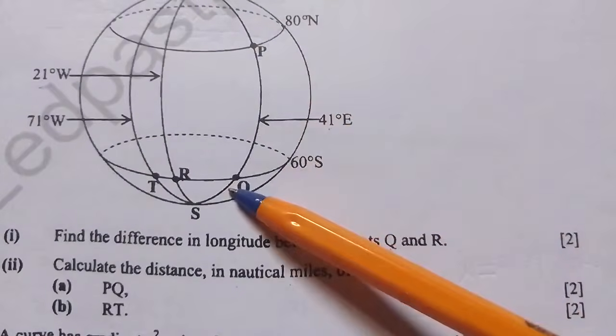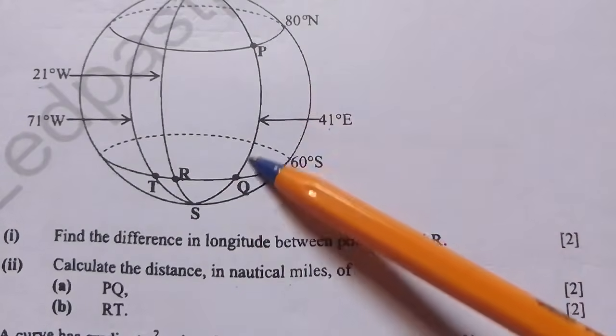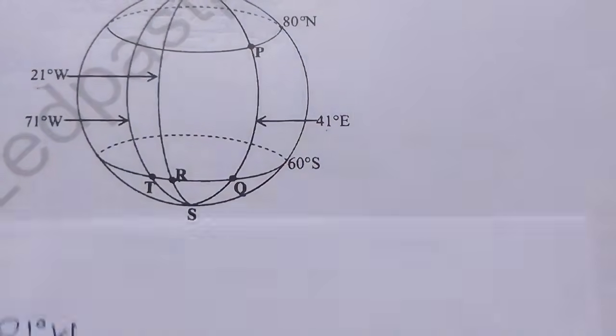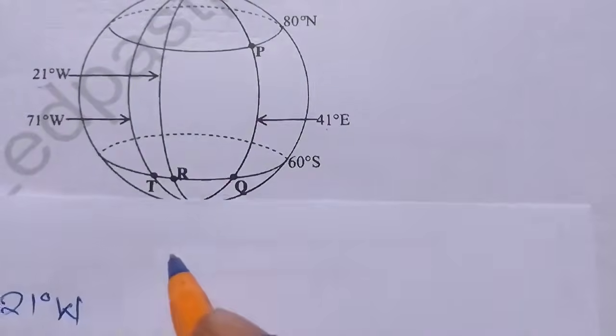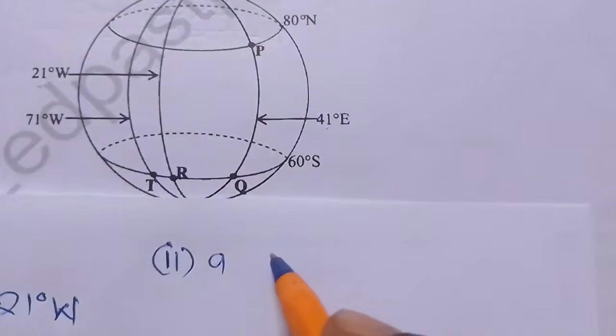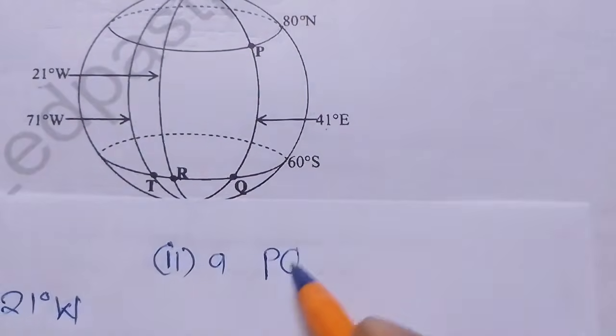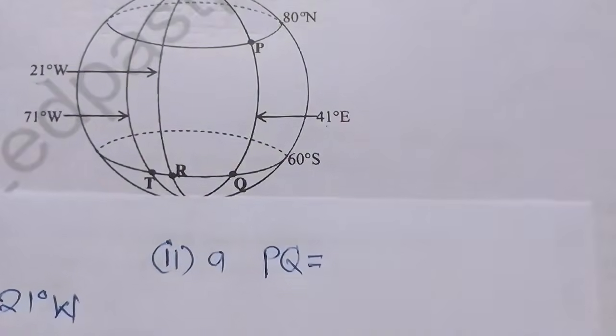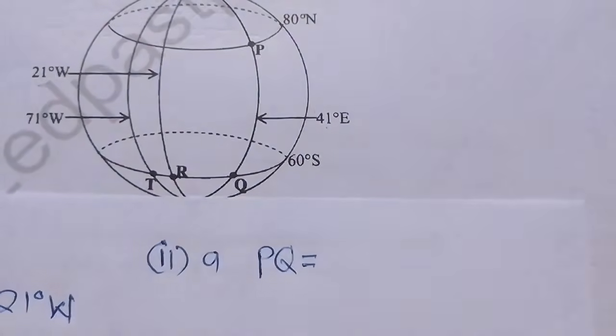The longitude. So calculating distance along the longitude, you are going to use this formula. So longitude, that is PQ is equal to. Which formula do we use whenever we want to calculate the distance along the longitude?